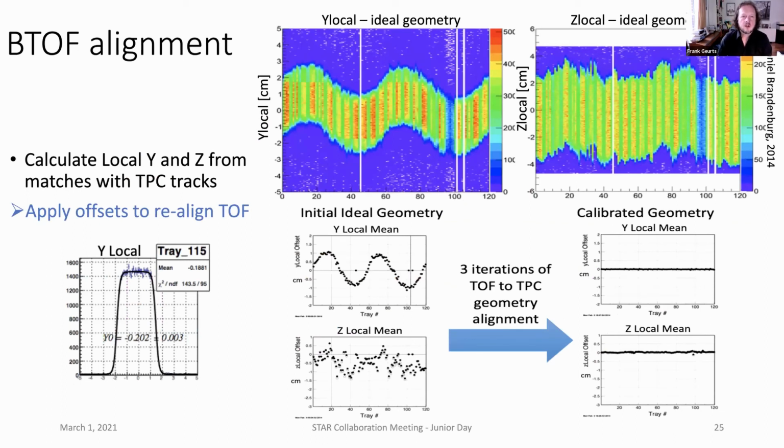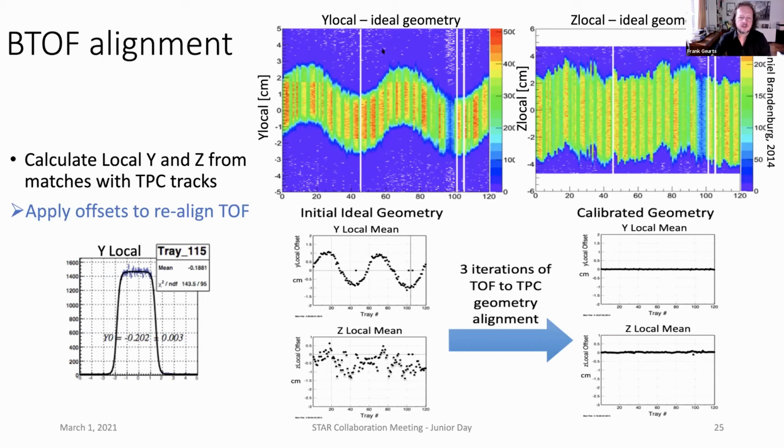Knowing the location of the TPC track on an MRPC module is important. I mentioned that earlier. That means that the alignment of the barrel time of flight with respect to the TPC is important. While we have an ideal geometry that we put in the reconstruction, we actually use a data-driven way, by looking at the location of the Y local and the Z local for all the matches.